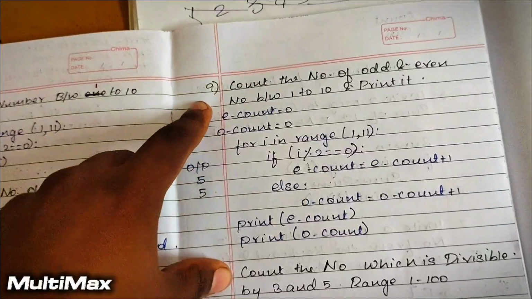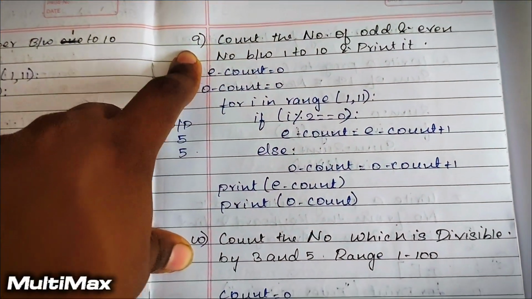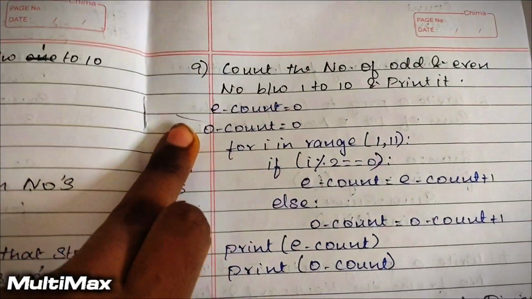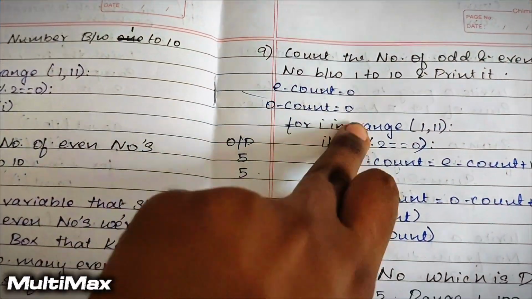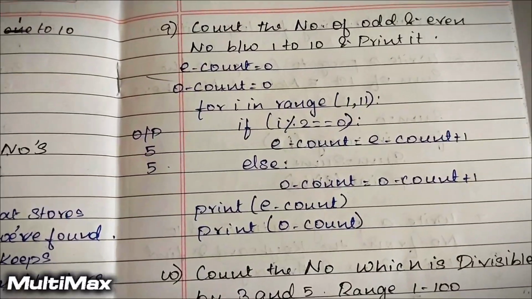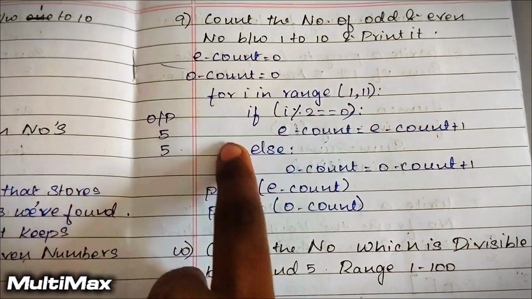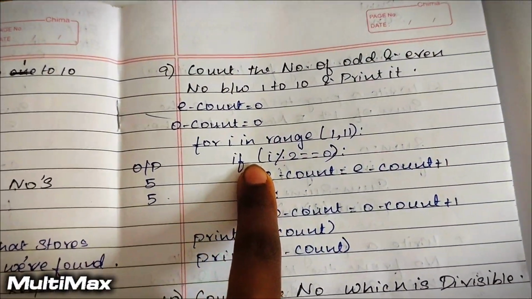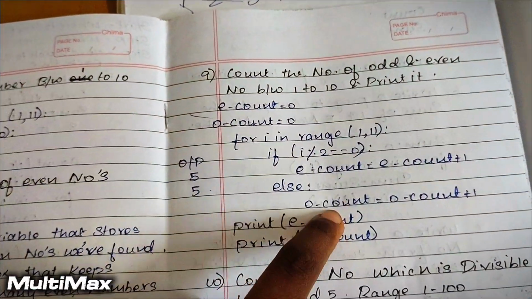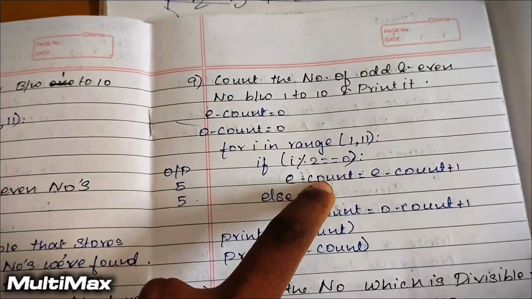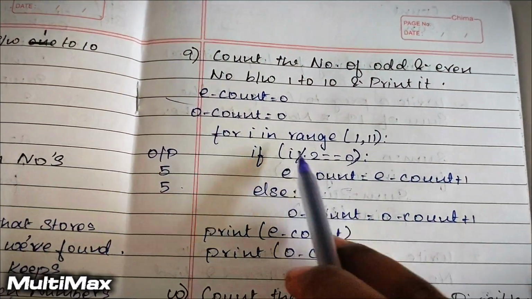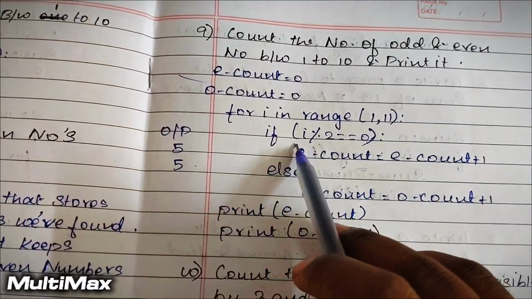Count the number of odd and even numbers between 1 to 10 and print it. So E count equal to 0, O count equal to 0. For i in range 1, 11, which means 1 to 10, right? First i will be 1. If i divided by 2 equals 0, we have to fix it. 1 will not come, so 2 will come.